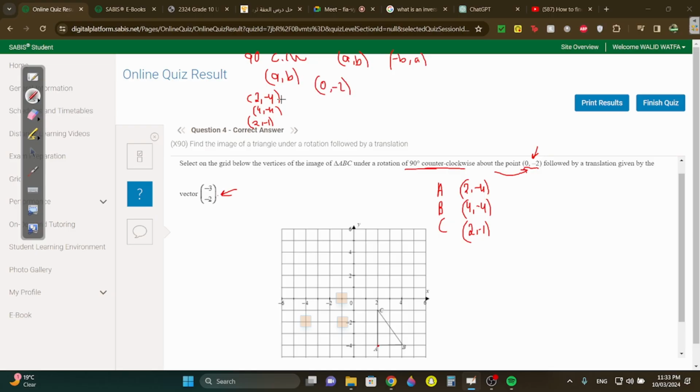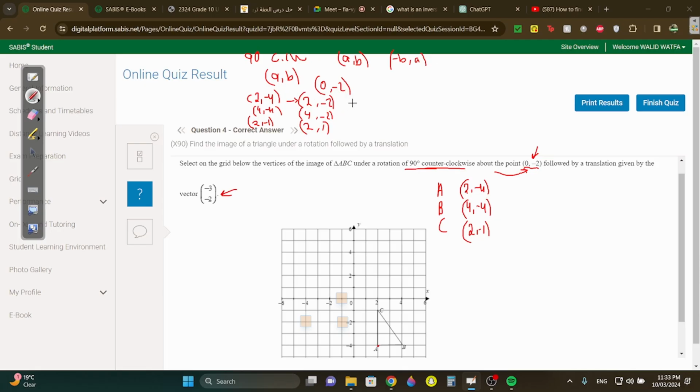Final minus initial. 2 minus 0 is 2, negative 4 minus minus 2 is minus 2. 4 minus 0 is 4, minus 4 minus minus 2 is again minus 2. 2 minus 0 is 2, minus 1 minus minus 2 is 1. This is your A, B for each one.